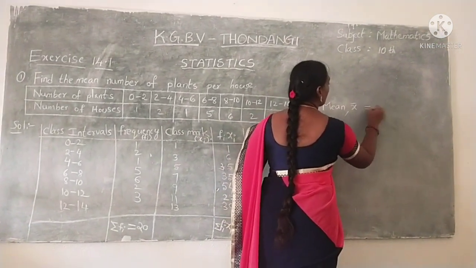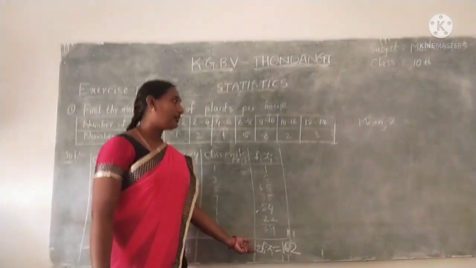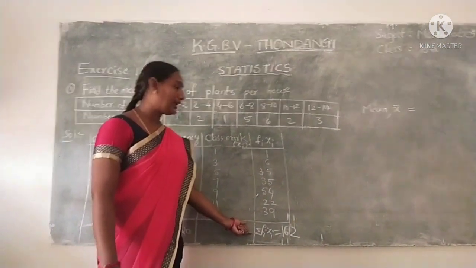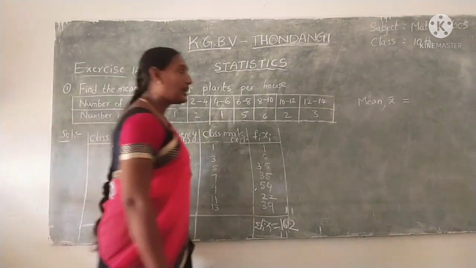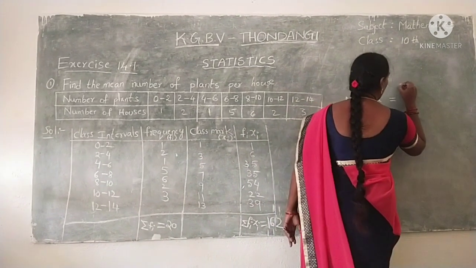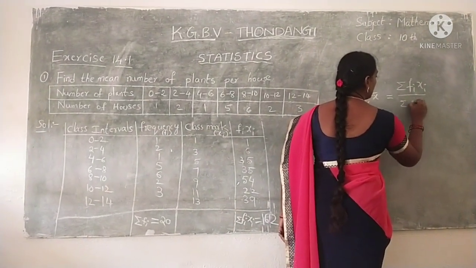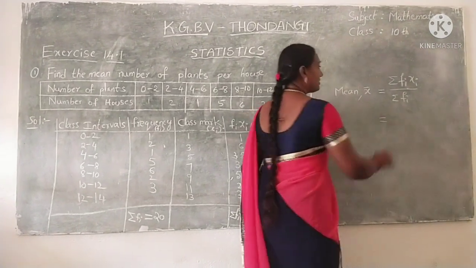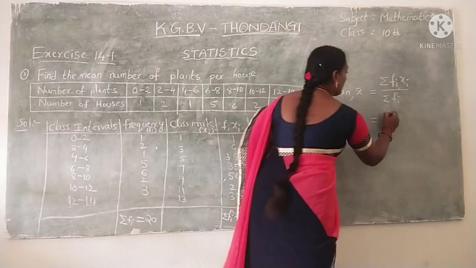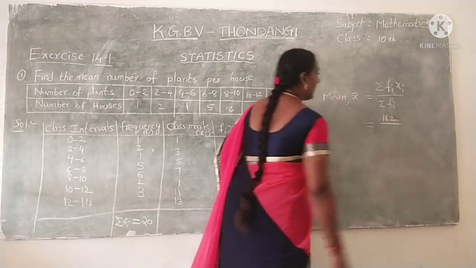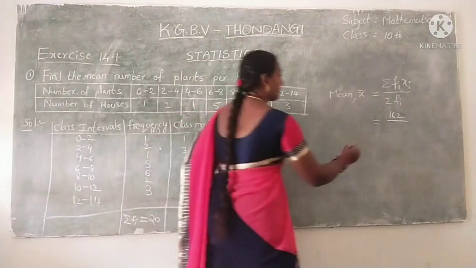Mean x bar is equal to... what is the formula of mean for grouped data? That is sigma Fi Xi by sigma Fi. The value of sigma Fi Xi from the table is 162, by sigma Fi. The value of sigma Fi is 20.